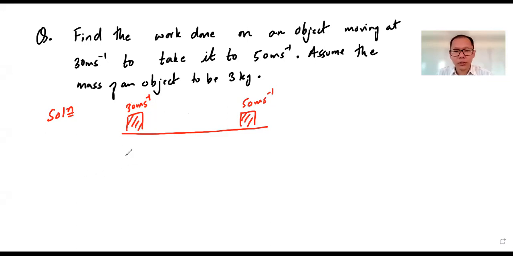The work energy principle tells me that the work done on this system is equivalent to the change in kinetic energy, which is the final kinetic energy minus the initial kinetic energy.